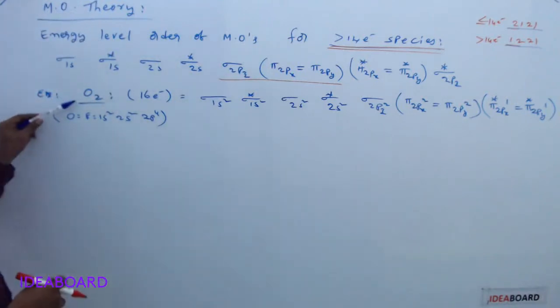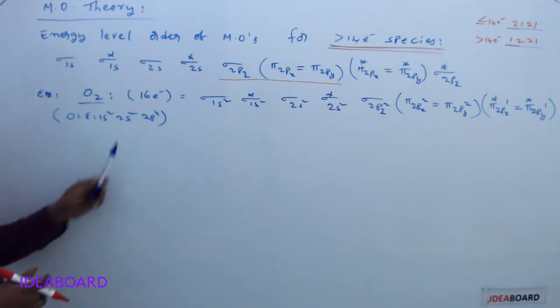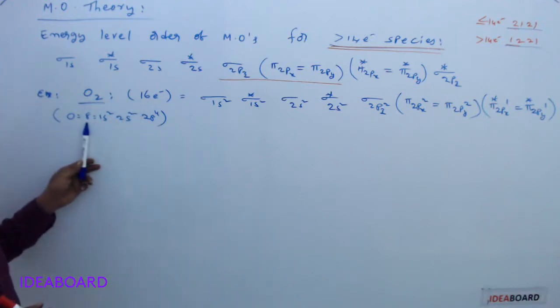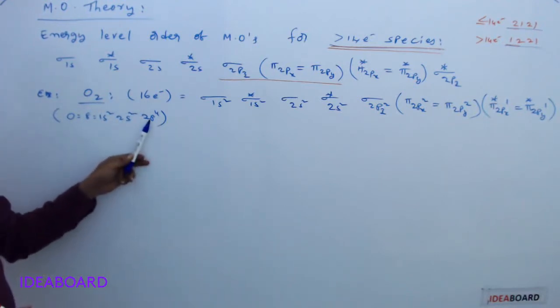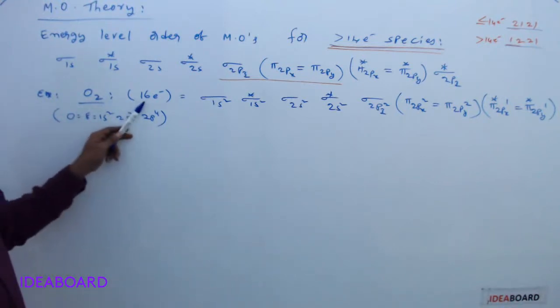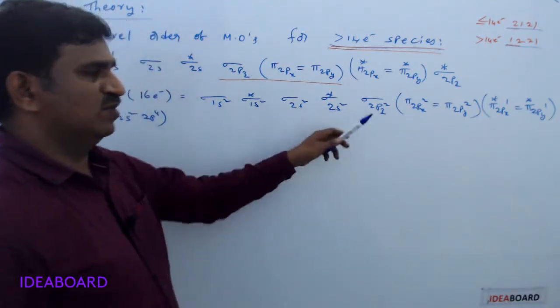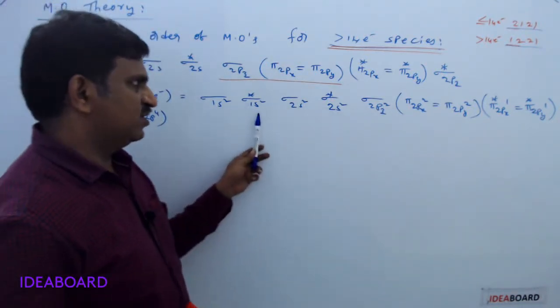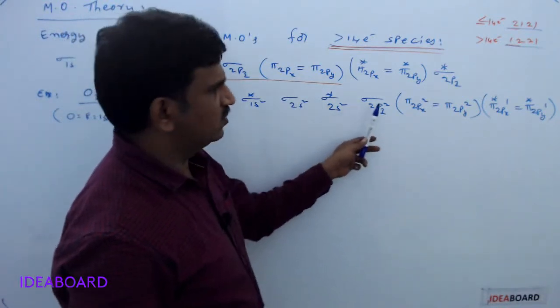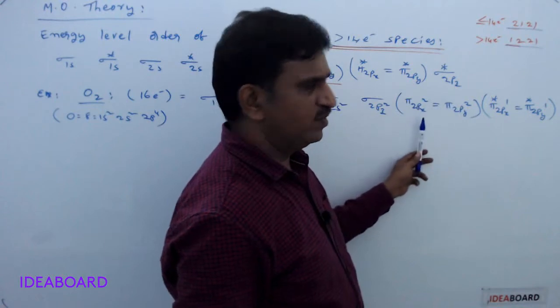Okay, and for the oxygen molecule, we write the molecular orbital energy level order. Oxygen has 8 electrons for each atom, so the atom is 1s2 2s2 2p4, but the molecule contains 16 electrons. For the molecule we write this order: sigma 1s2, sigma star 1s2, sigma 2s2, sigma star 2s2, sigma 2pz2, pi 2px2, pi 2py2 equally distributed.